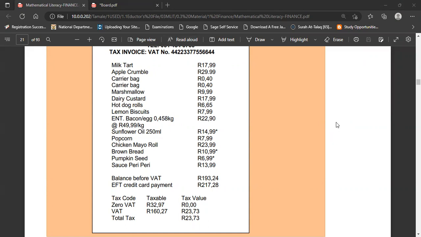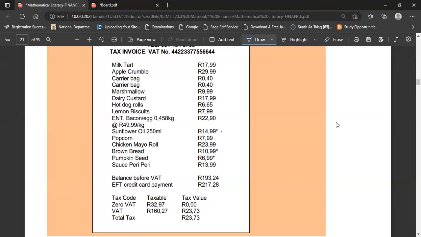Now when you look at this, items with an asterisk or star are items without VAT. These are the items without VAT. There are only 3 items, you see.